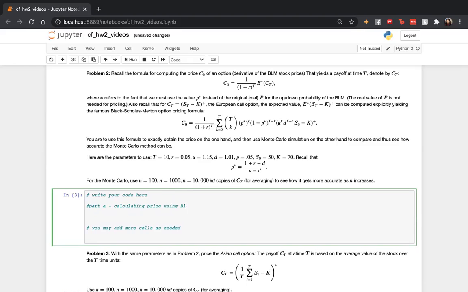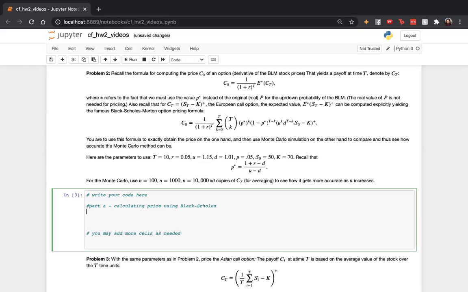And the second part, which we're going to call part B, is going to be calculating the payoff price using Monte Carlo simulation. So what do we mean by this?